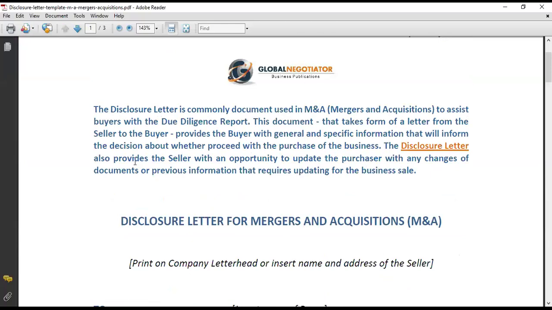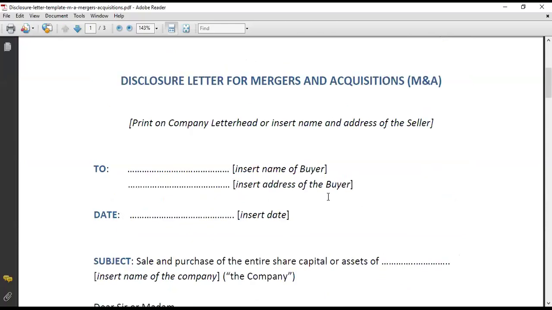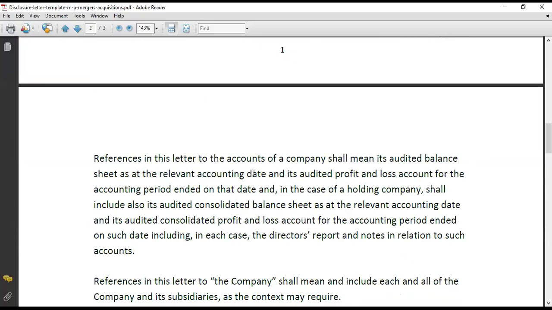The disclosure letter provides the seller with an opportunity to update the purchaser with any changes of documents or previous information requiring updating. So you can talk about accounts. Reference in this letter to accounts of the company shall mean audited.